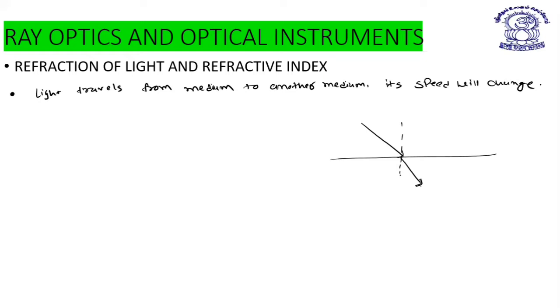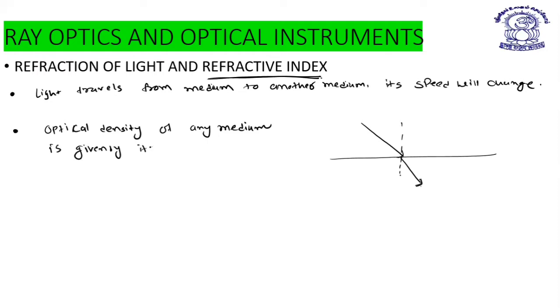Now, the factor which decides whether the speed will increase or decrease is refractive index. Refractive index is the property of a material that gives us the idea about optical density. So the optical density of any medium is given by its refractive index.